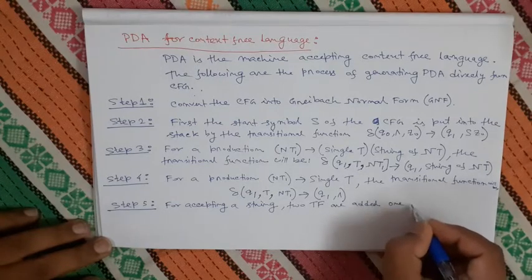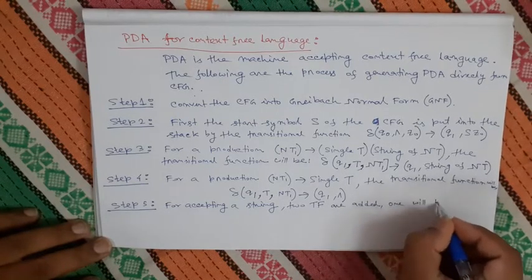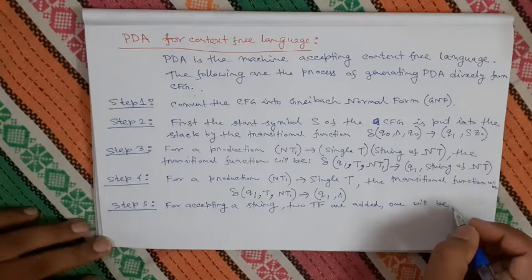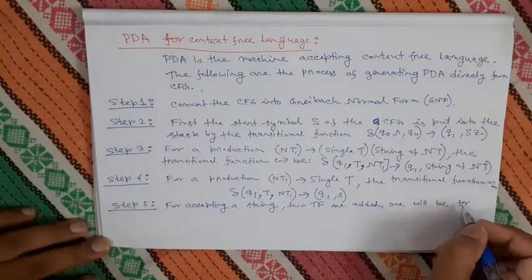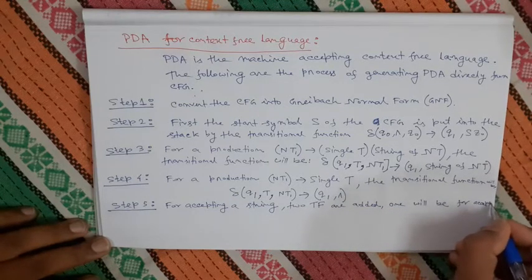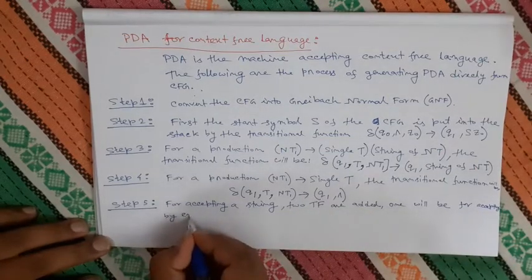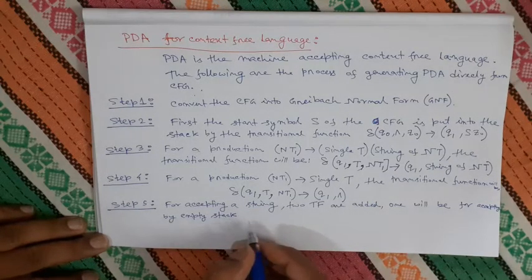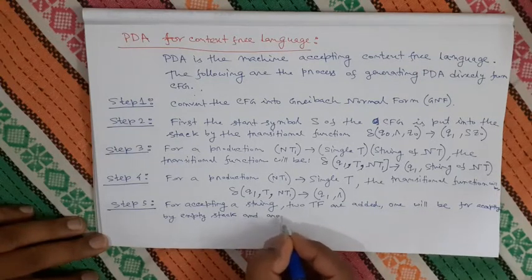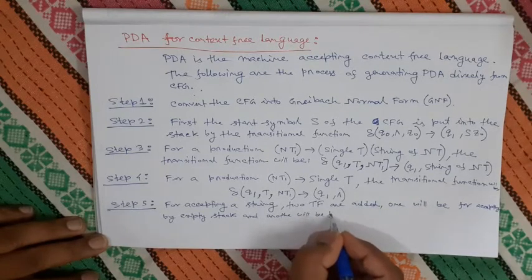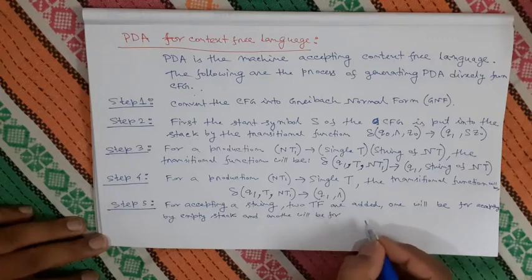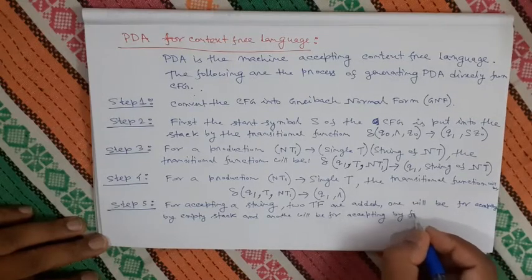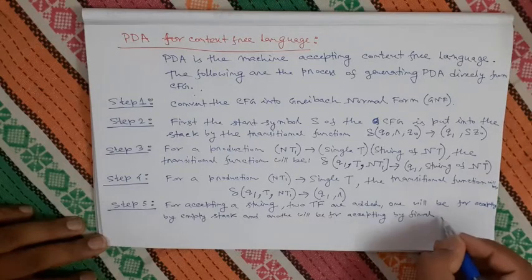One will be for accepting by empty stack, and another will be for accepting by final state.